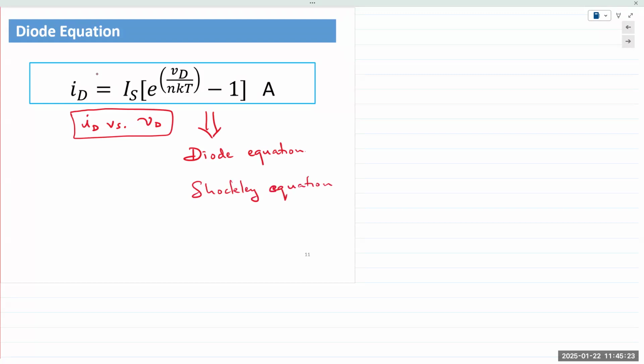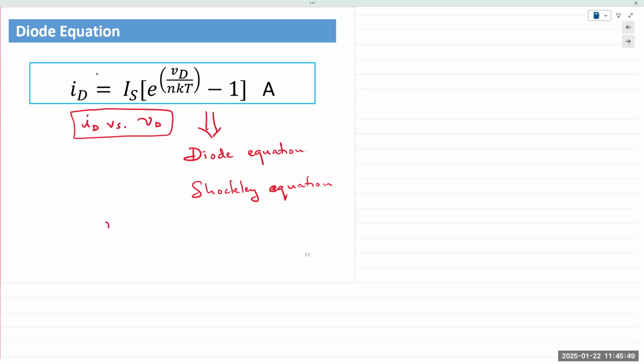Basically, ID is given by IS times e raised to VD over NkT, minus 1. ID and VD are the diode current and diode voltage. IS is the saturation current. k is the Boltzmann constant, and T is the temperature in Kelvin.